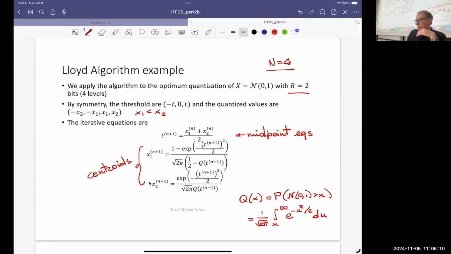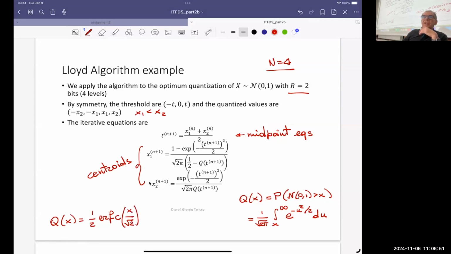That's the counter-cumulative probability distribution of the normalized zero mean unit variance Gaussian random variable. Maybe you have already seen a related function, that is the complementary error function. There is a relationship between these 2 functions. Q of x is equal to 1/2 the complementary error function of x over the square root of 2.